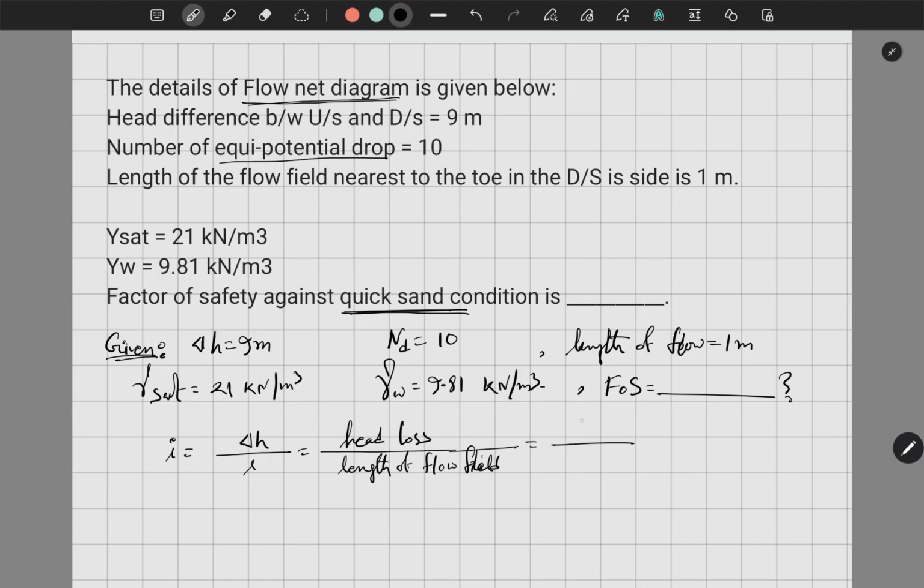This is 9 meter, and equipotential drops 10, divided by 1, is equal to 0.9. I hope it is clear to you.